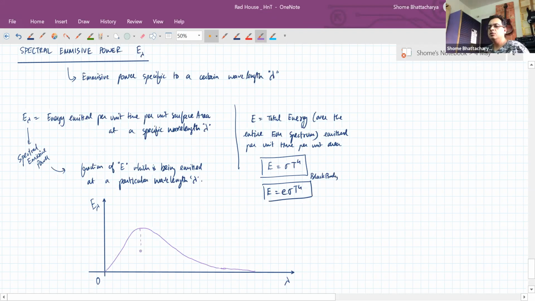So at a particular wavelength, which is called the peak wavelength, we get the maximum energy. That means the maximum fraction of the total energy is around that wavelength. And this is for a specific temperature T. So this graph, we have to just treat it like an experimentally determined graph.